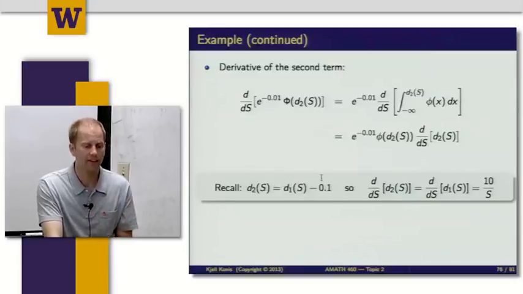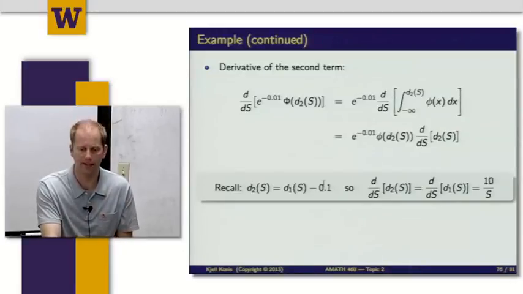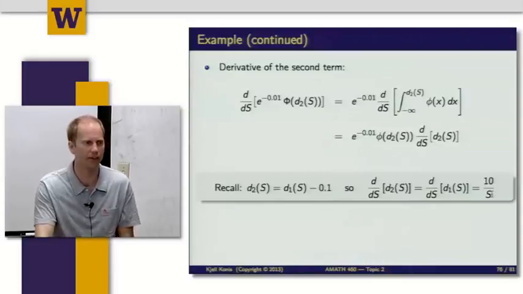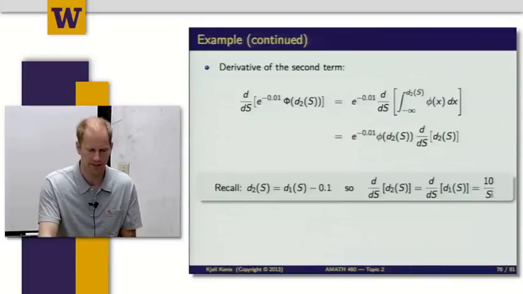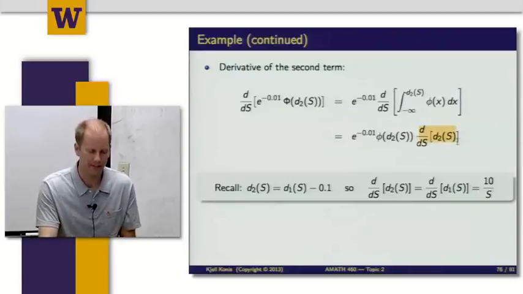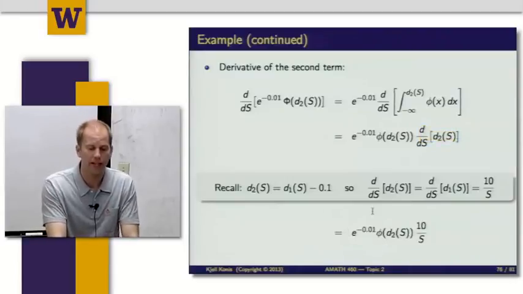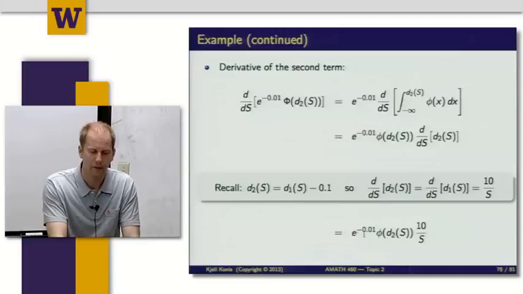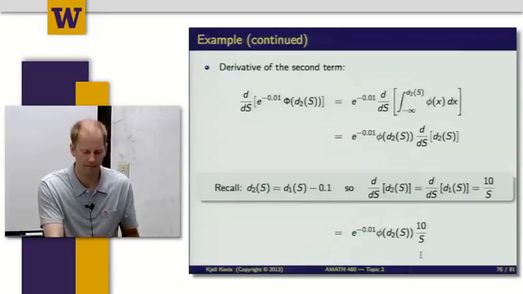So this is just a constant. So the derivative of d2 with respect to s has to be equal to the derivative of d1 with respect to s. And we already computed that, and that was 10 over s. So we can recycle that result a little bit. So that's this part over here I can replace with 10 over s. And that gives me e to the minus 0.01 times phi of d2 of s times 10 over s.